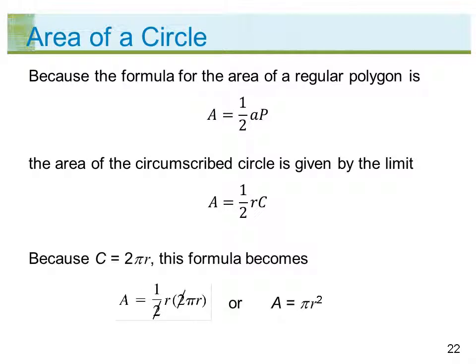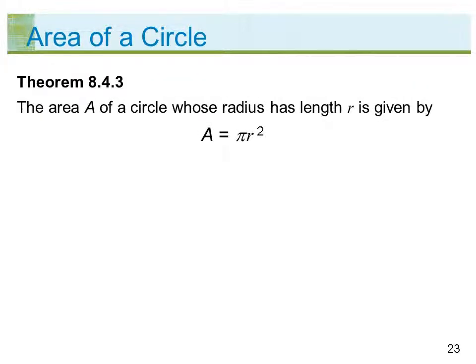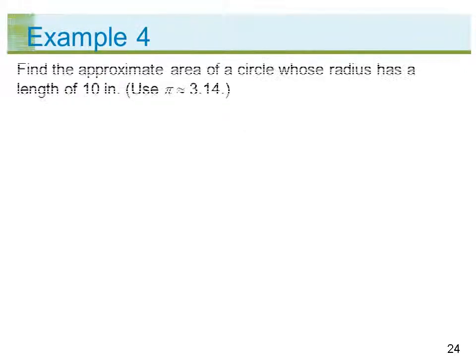Because circumference equals 2 pi r, this formula becomes area equals 1/2 r times 2 pi r, 2's canceled, or area equals pi r squared. Theorem 8.4.3. The area, capital A, of a circle whose radius has length r is given by capital A equals pi r squared.